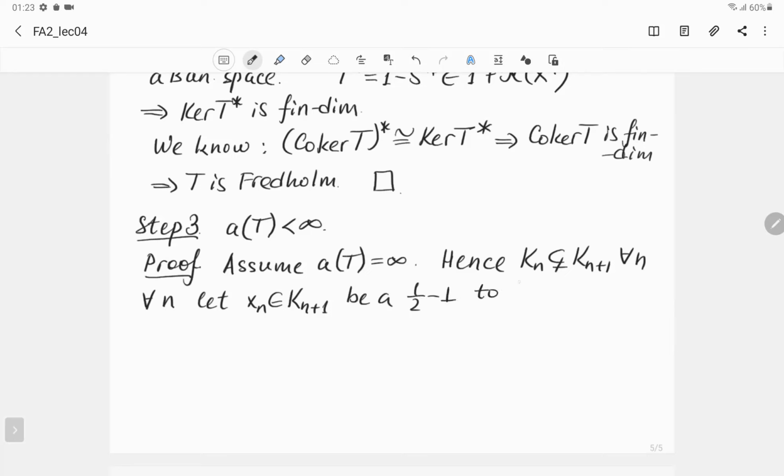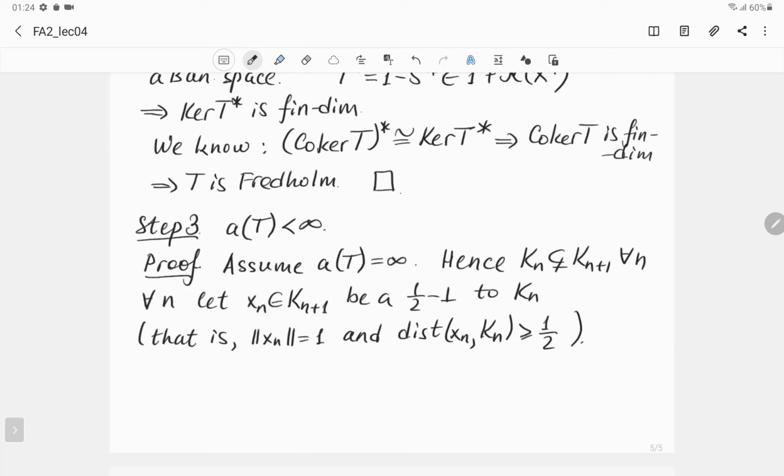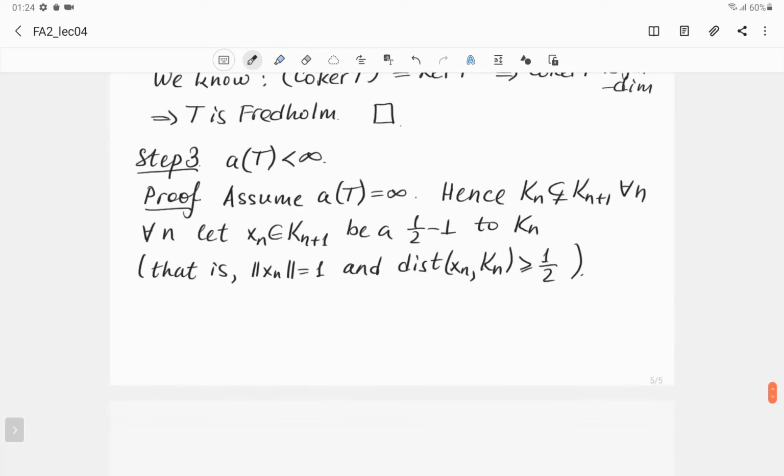One-half perpendicular to Kn, which means that the norm of this element is 1, and that the distance between xn and Kn is greater than or equal to 1/2. So we get a sequence of vectors in our space.